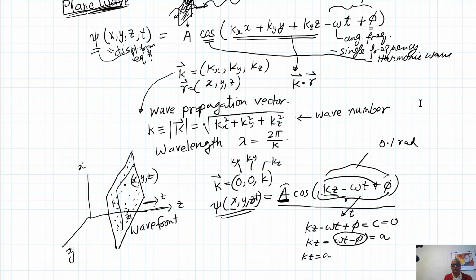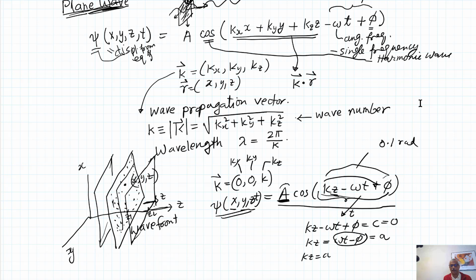So the wavefront, if you look at the wavefront at some other time, some other place, let's say z2, is also parallel. So wavefronts in this space are parallel to each other, and they are planar.